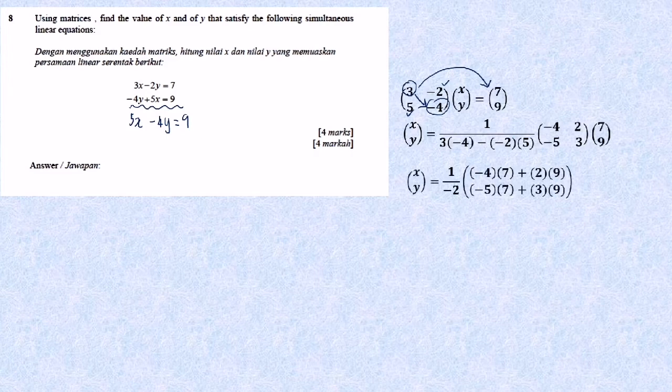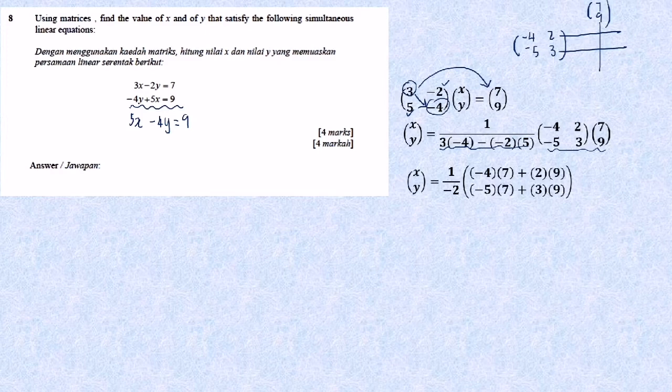Okay, you count the bottom part here. You will obtain negative 2, so 1 over negative 2. And these two matrices you multiply first before you multiply the fraction into the bracket. Okay, so how to multiply these two matrices? Normally, we do like this: negative 4, 2, negative 5, 3.